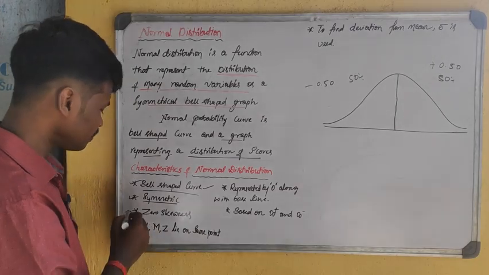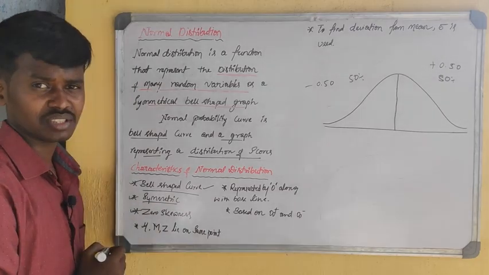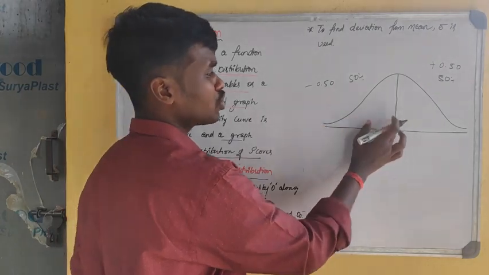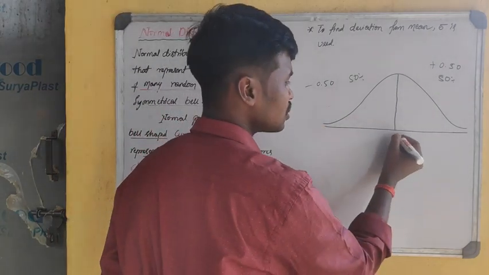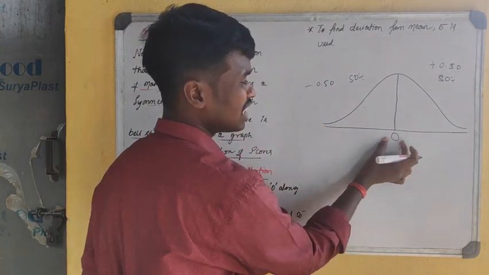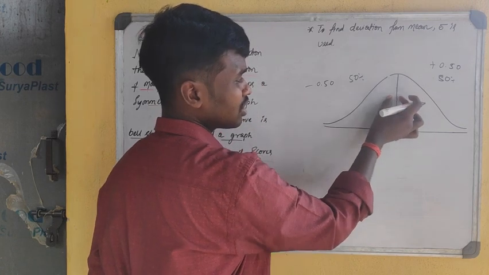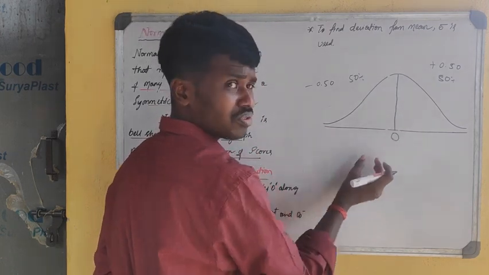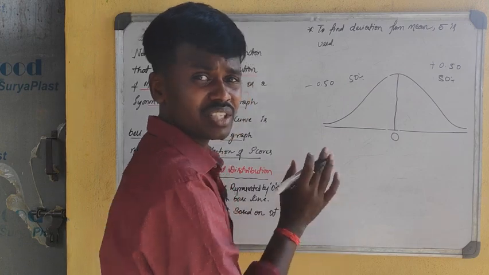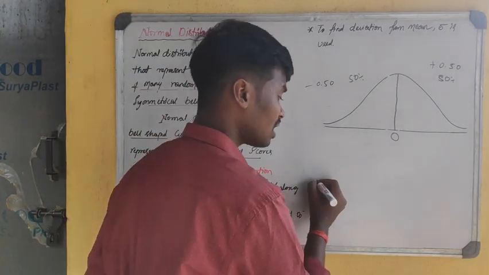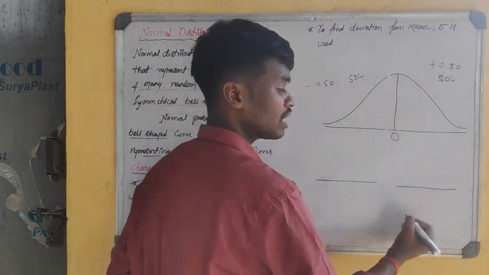Okay, next, zero skewness. So this normal distribution is called a zero skewness, because this normal distribution is not a positive skewness or negative skewness.